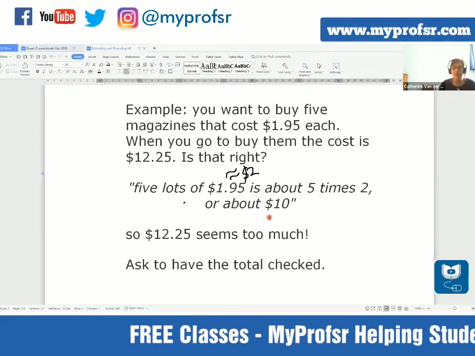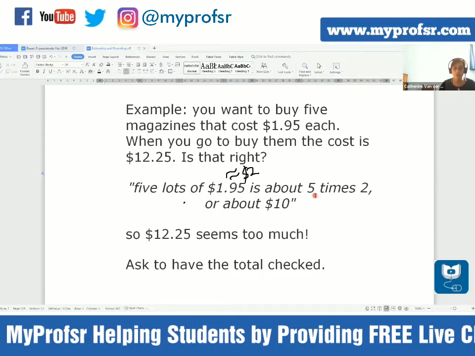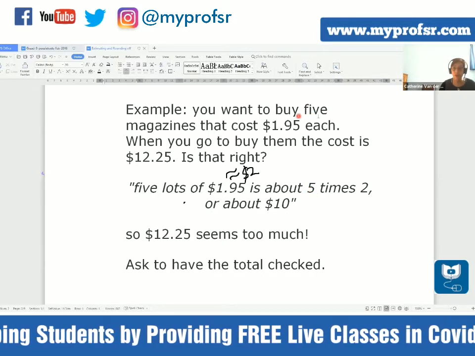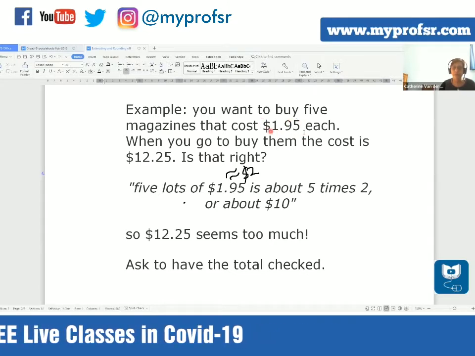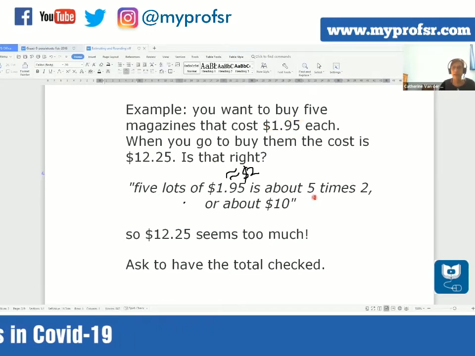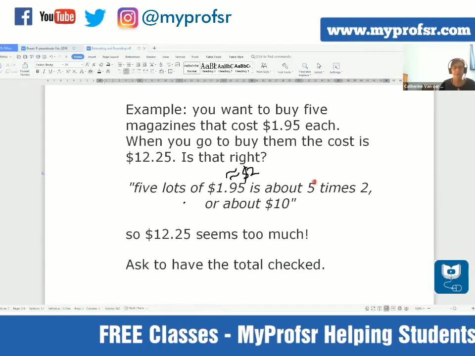So now it's quite easy to calculate this amount. We want to buy 5 magazines, and they cost $1.95 each, and it's approximately 2. So it's 5 times 2, and it is approximately $10.